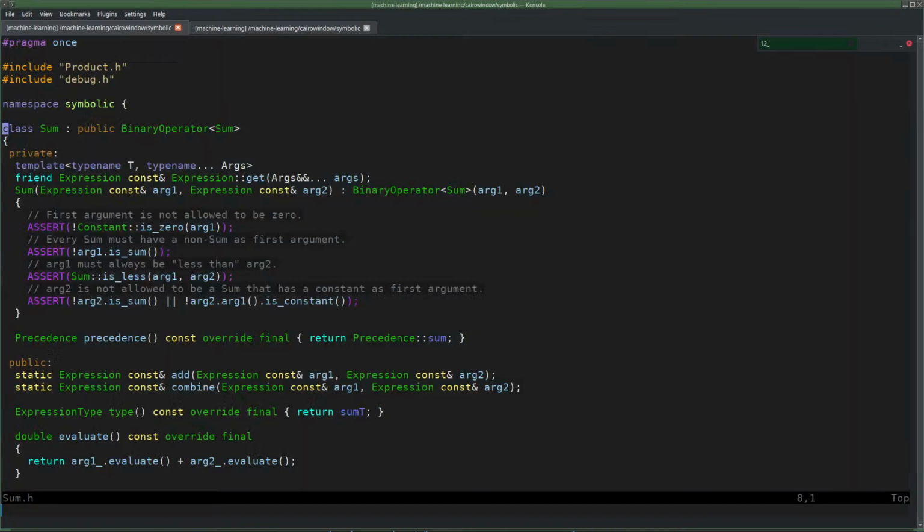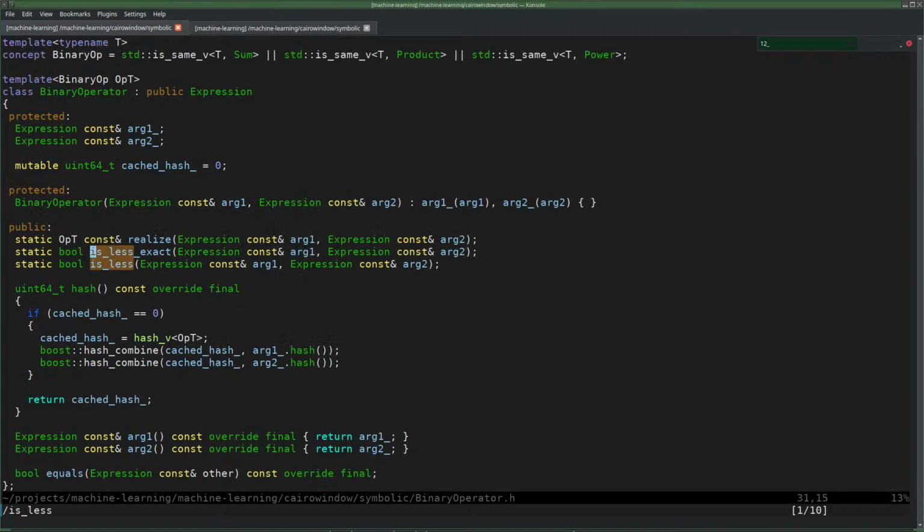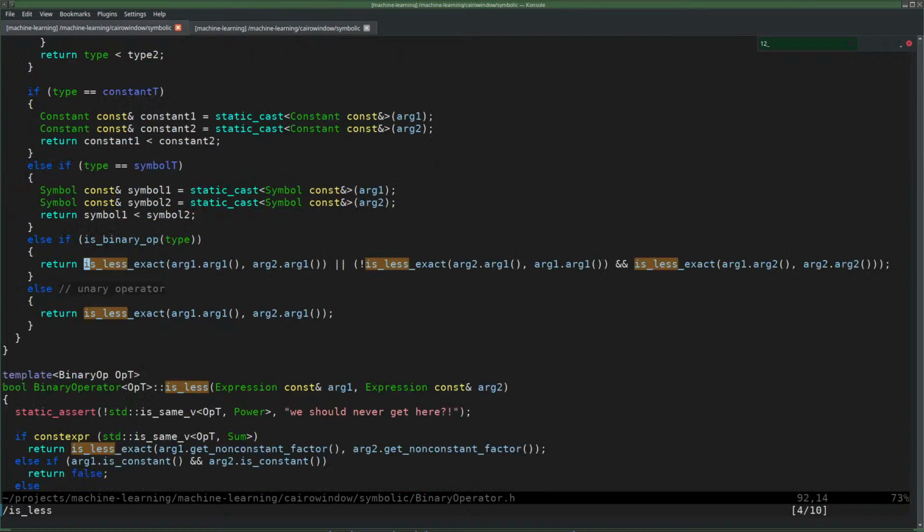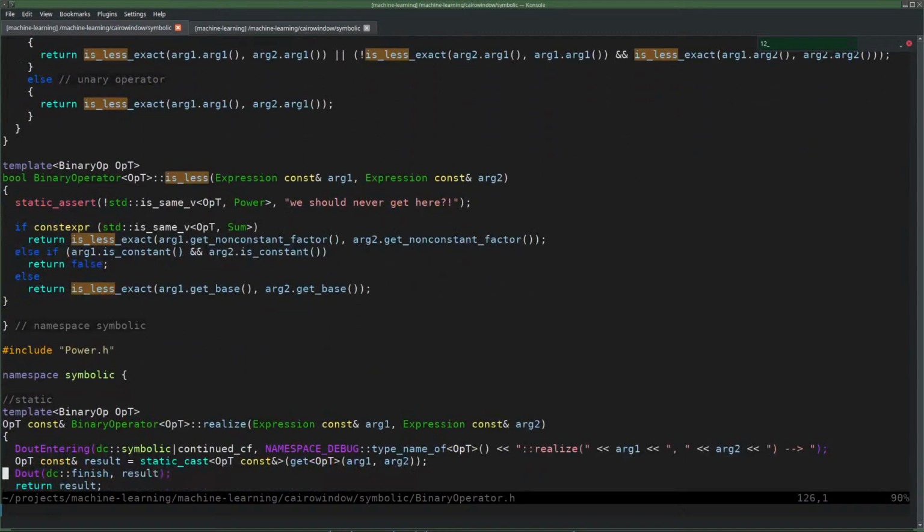It's a bloody template. Good. So we get here is same. OPT in sum, yes.